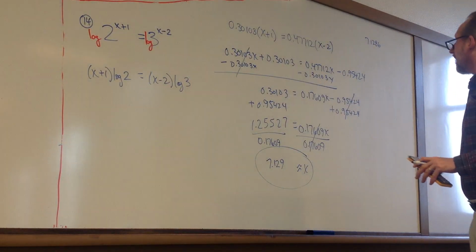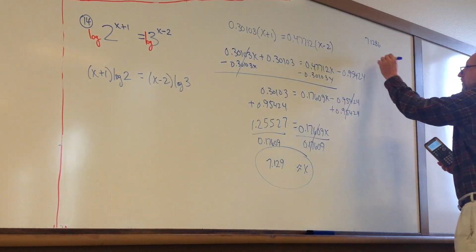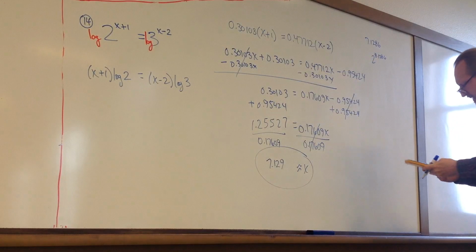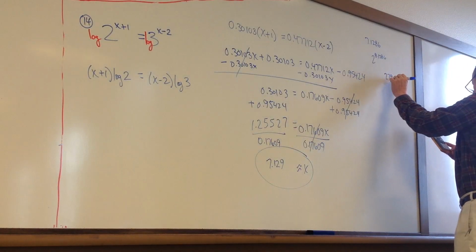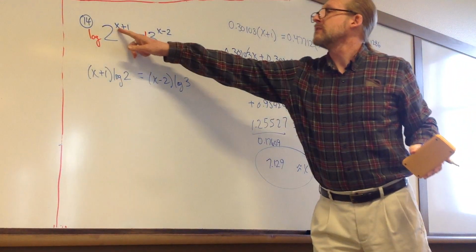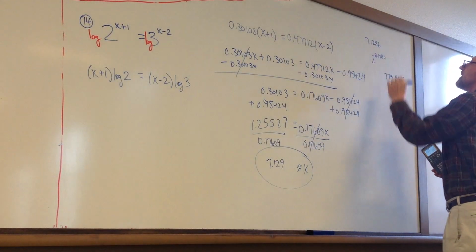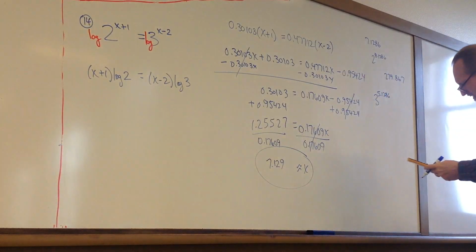But in any event, we can go ahead and check this answer, right? If we do 2 to the 8.1286 power, that's 279.867, right? Because the 2 is being raised to the x plus 1 power, and then the 3 is being raised to the x minus 2 power, so this will be 3 to the 5.1286.